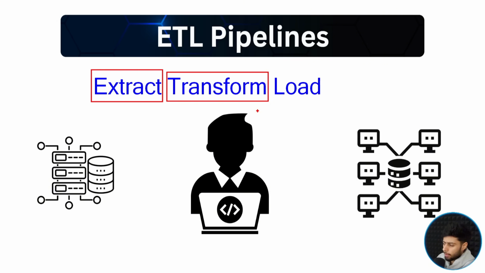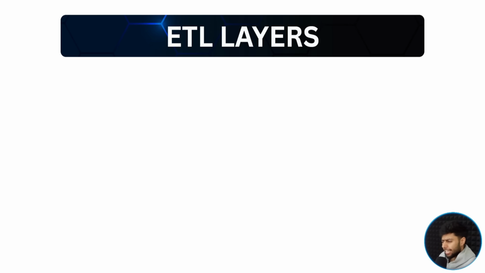Then finally you load the data into a destination, and then your ETL pipeline is completed. This is the concept of an ETL pipeline. Obviously every ETL pipeline is different for a different data model, so you do not need to worry about anything. Let's talk about ETL layers.